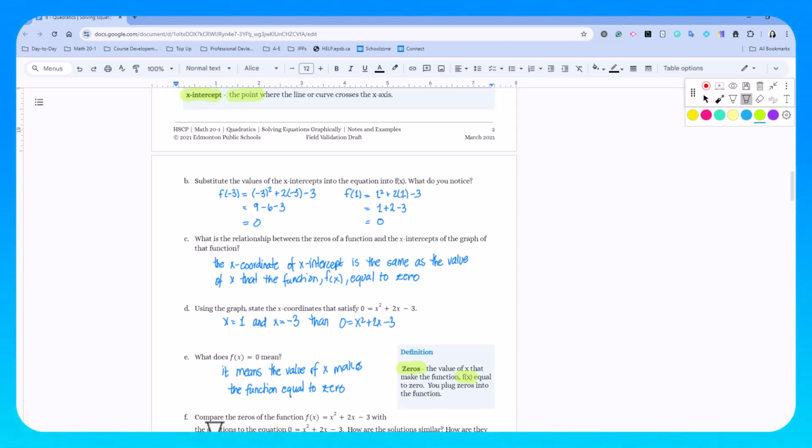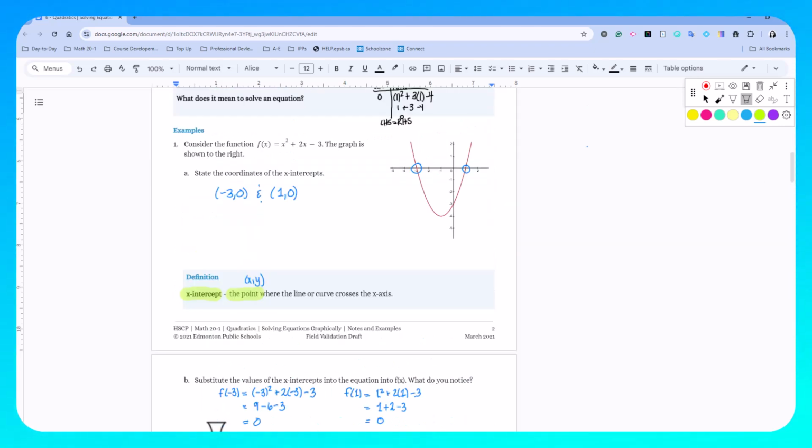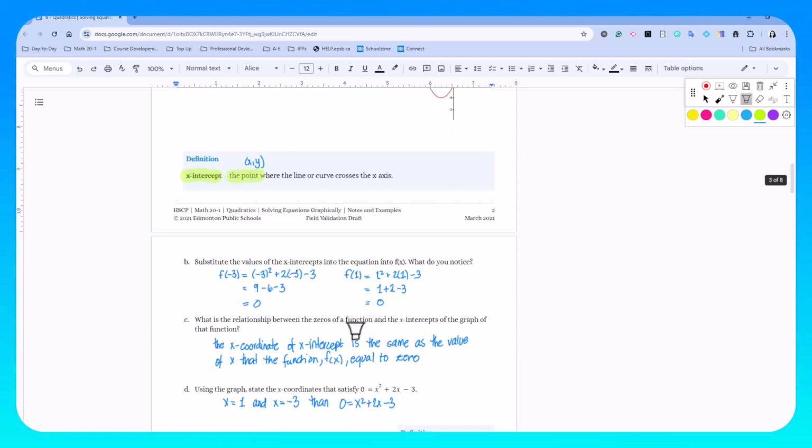So anytime we have a value, if you plug it into the function f of x and you get out 0, we're going to call those things a zero. And those just happen to be the same values as the x-coordinate of the intercept, which makes sense because x-intercepts have a y value equal to 0.